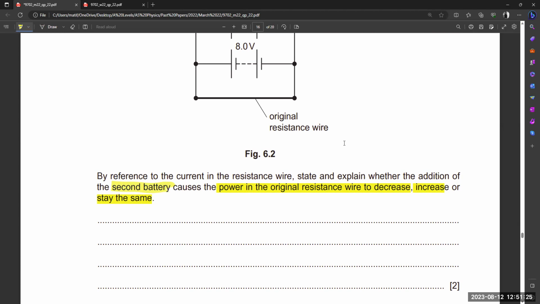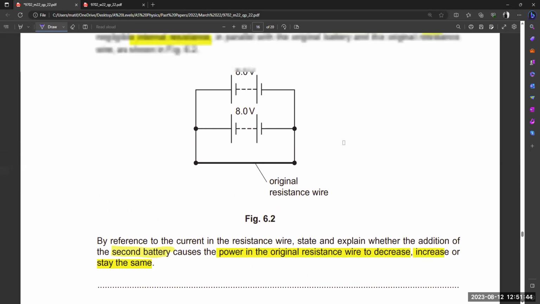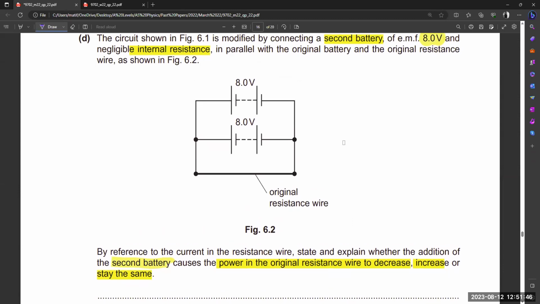And P equals VI, so if V increases, the power will also increase, right? But basically, we just connect two power sources, two batteries, and both are in parallel combination, right?